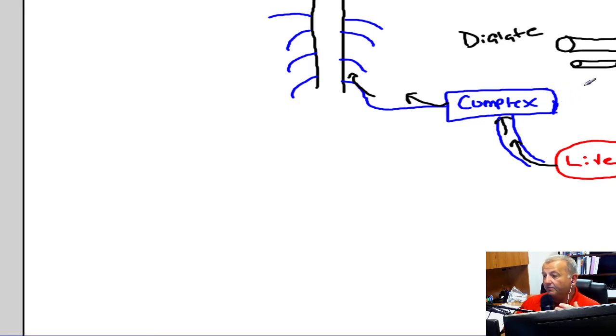Okay, and so what could happen, well, let me tell you this, in other veins, let me draw it out here. Not this vein, I'm just talking veins in general. Let me draw a little vein out here.